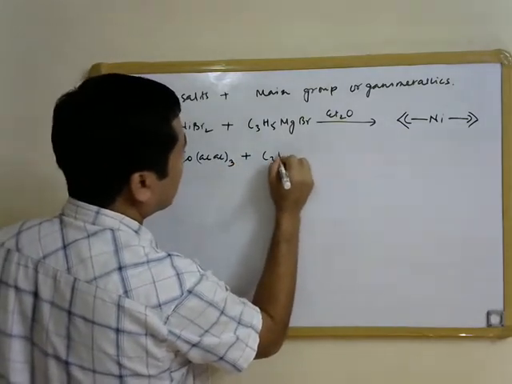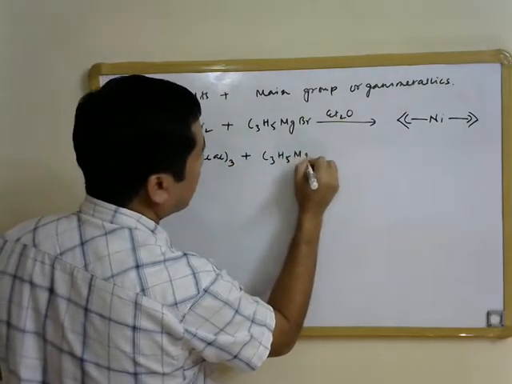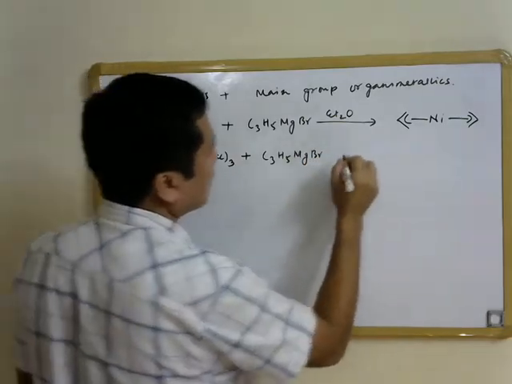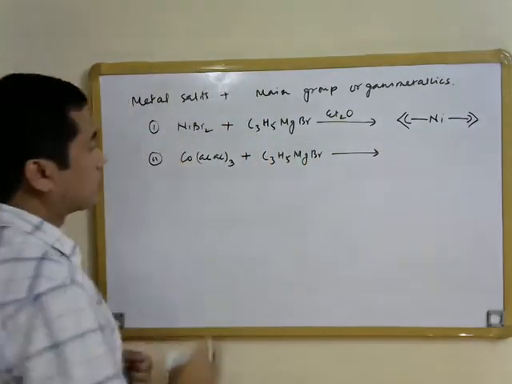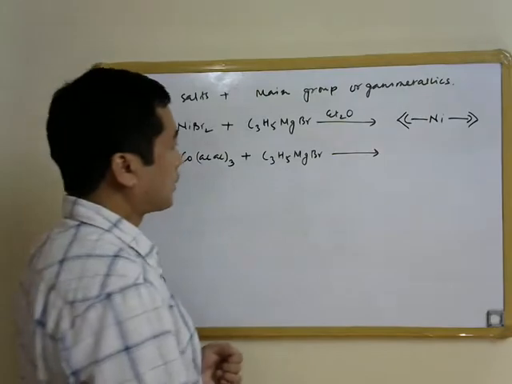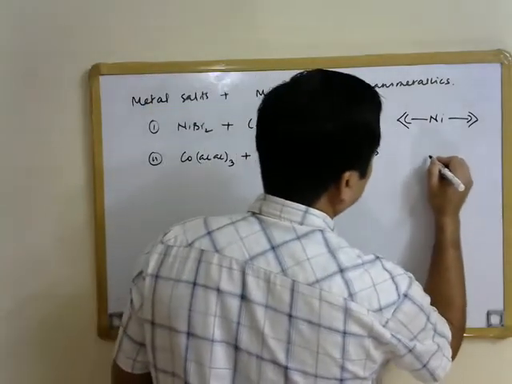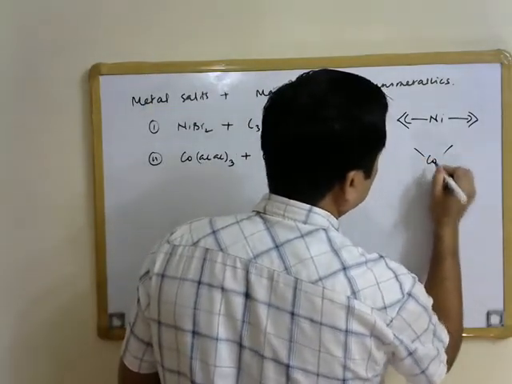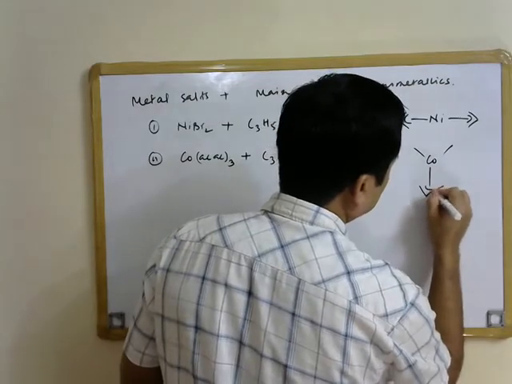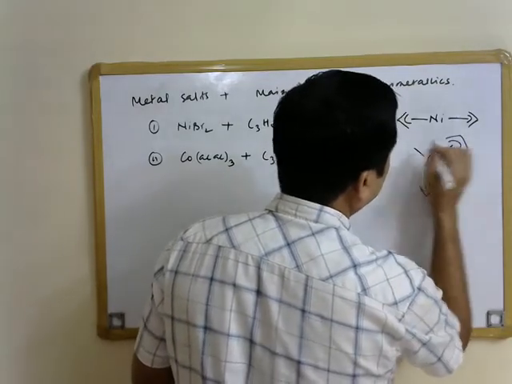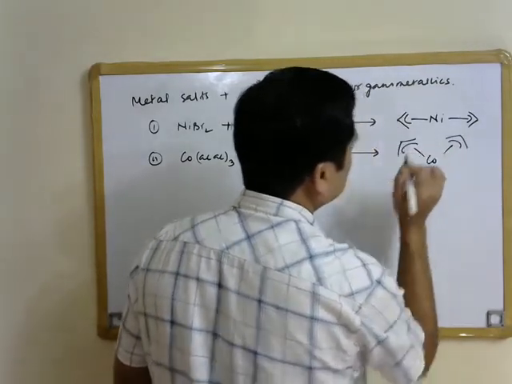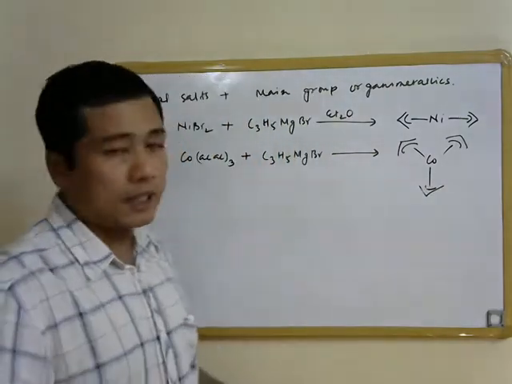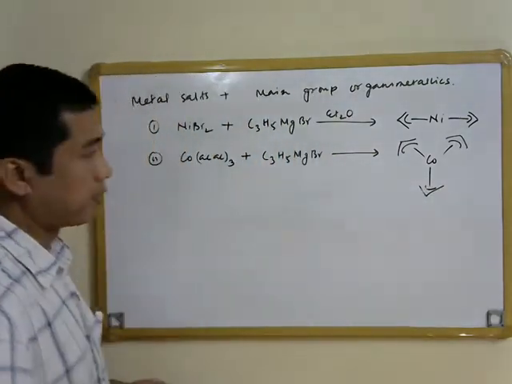So another example of this type of reaction, again you can take allyl magnesium halide and the acetyl acetonate ligand can now be substituted by the allyl ligand to give us this sort of metal allyl complexes. That is, cobalt allyl complexes can be prepared in this way.